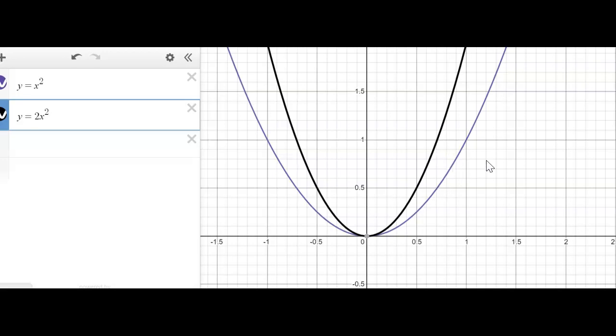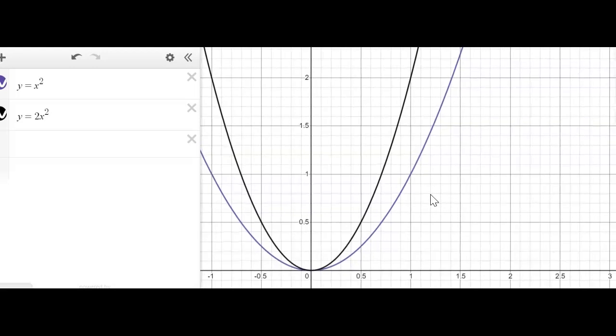Now, if I just pick a point on my original graph, y equals x squared, (1, 1) is the easiest. There it is there. Just believe me, it's (1, 1). Now, when we're dilating from the x-axis, your x-coordinate stays the same, but your y-coordinate is multiplied by that dilation factor.